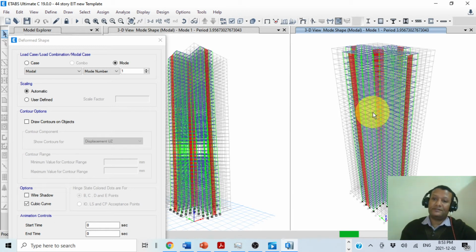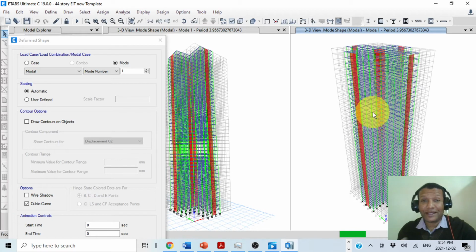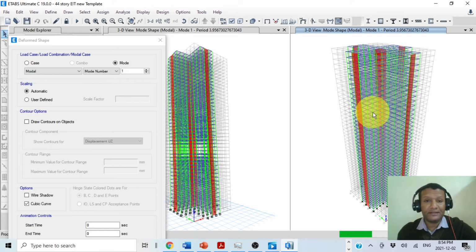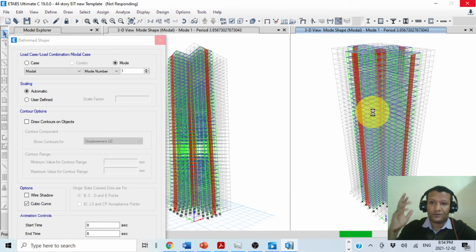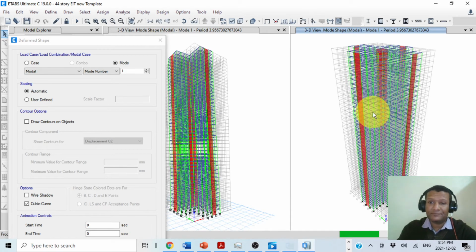This is one of the limitations, because I have to use Perform 3D. If we use Perform 3D, especially for nonlinear time history analysis, it will take more than 10 or 20 hours. Once I start the analysis, I will put the laptop and I will sleep. In the morning it is still running.